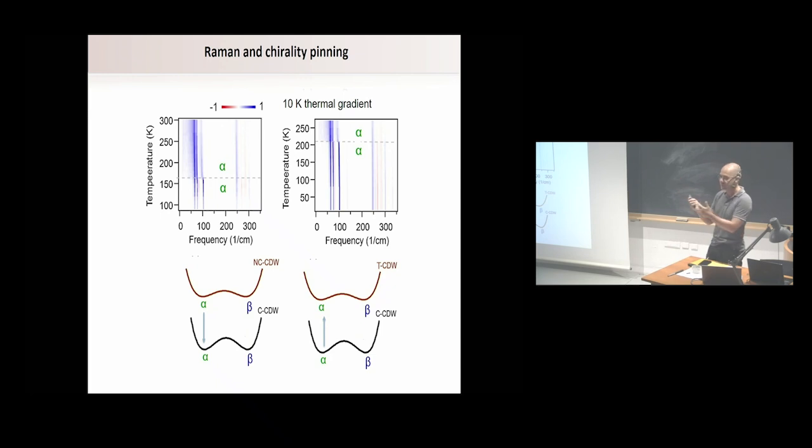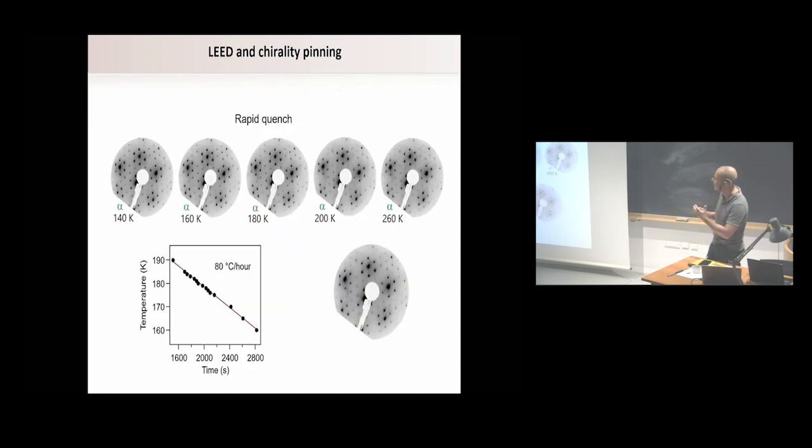For example, by putting a laser beam. Another thing that you can do to pin the chirality switch is by going fast. Before we were changing the temperature at 25 degrees per hour, now we go at 80 degrees per hour, by just going down very rapidly with your open cycle cryostat.